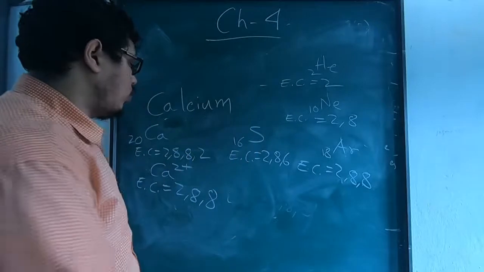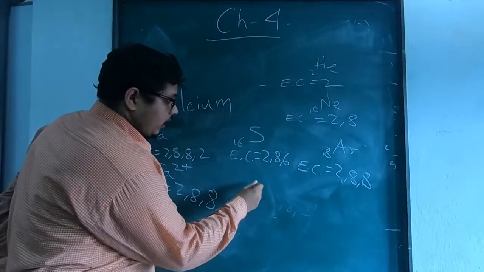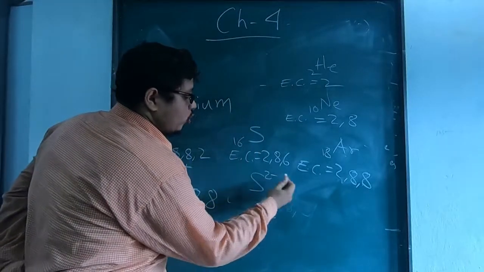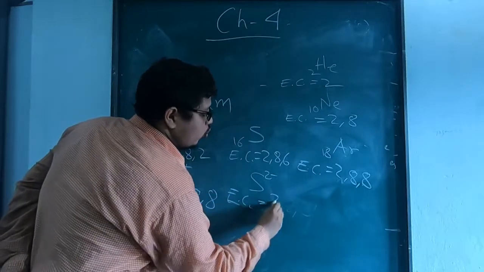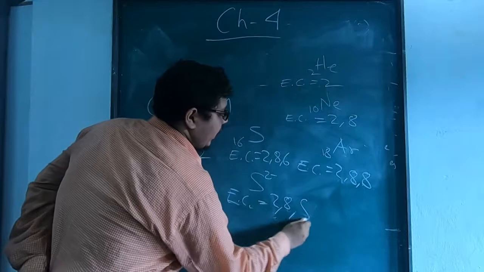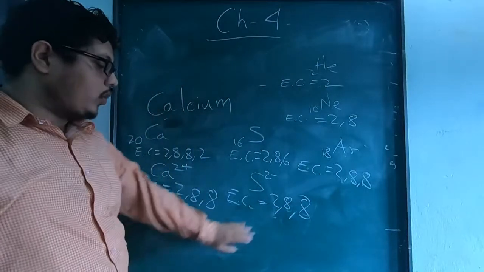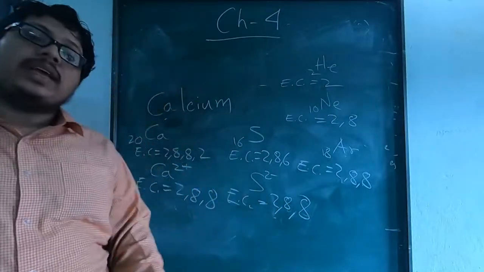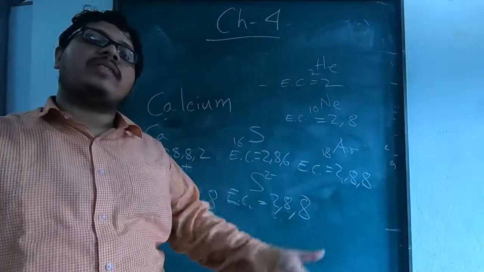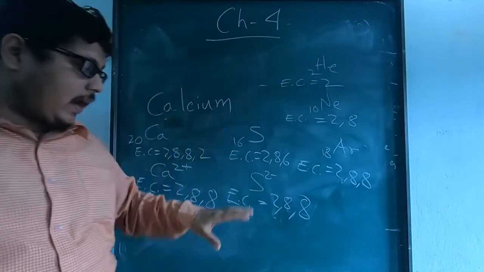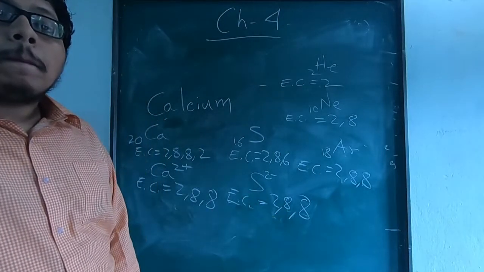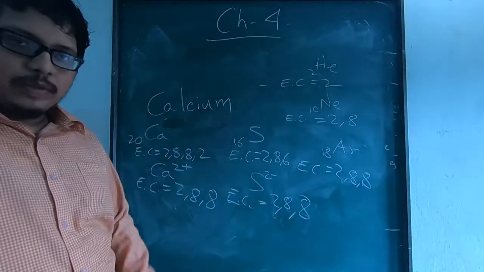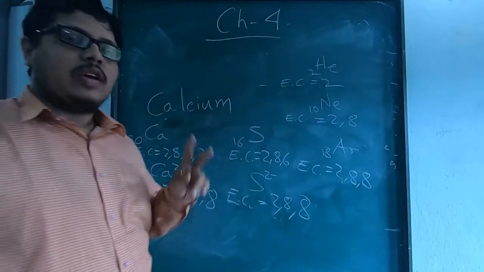So it will gain 2. So it will become S2 minus, and the new electronic configuration will be 2, 8, 8. Why minus 2? Because it is gaining. Remember, gaining is minus, losing electron is plus. And number of electrons lost or gained, we are calling it valency. Okay? Very important concept that we discussed today.